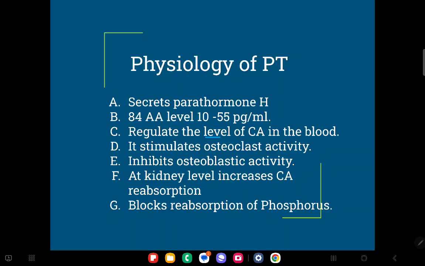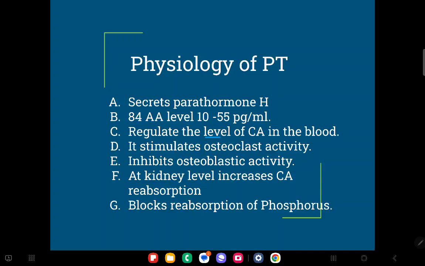So if you find a result of PTH, you have to ask the reference lab what reference level they are working with. This parathyroid hormone, with others, regulates the level of calcium in the blood.